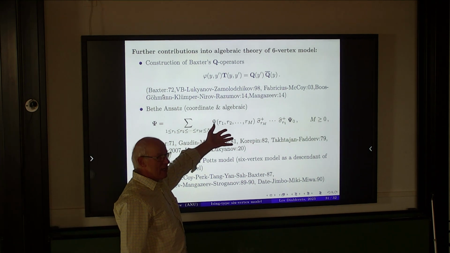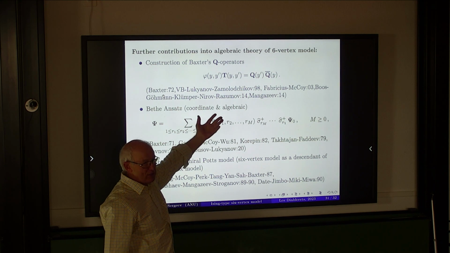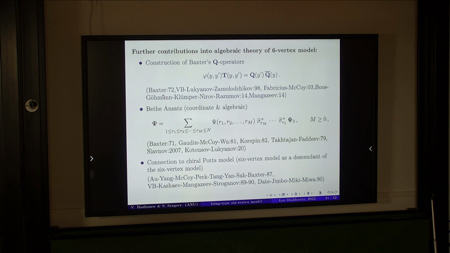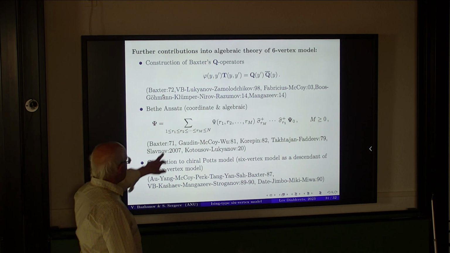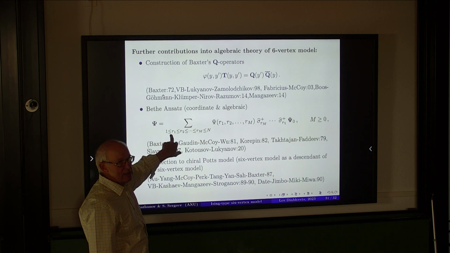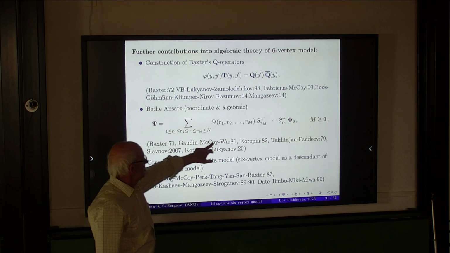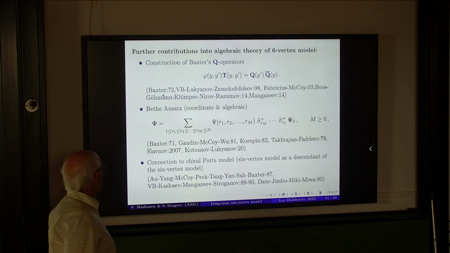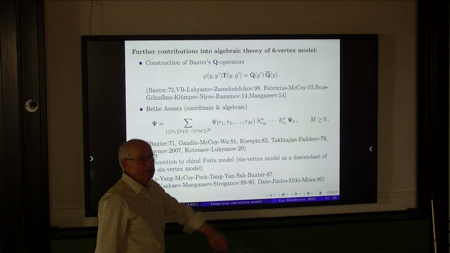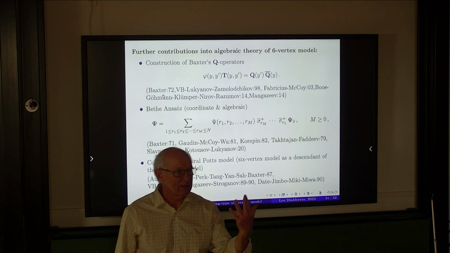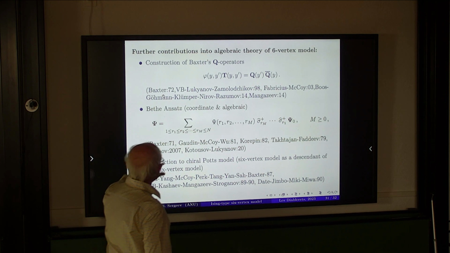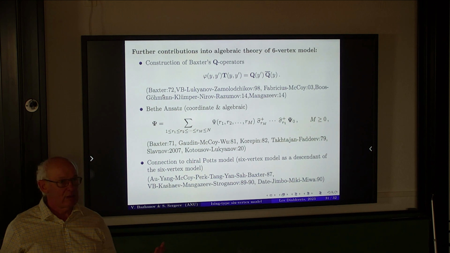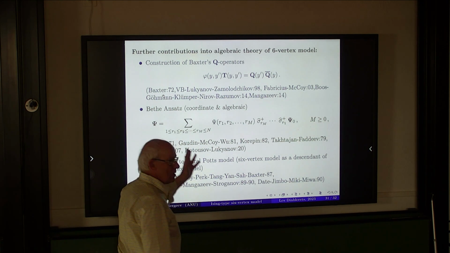The coordinate Bazhanov, for those who know it, is the same formula you had for the six-vertex model, with one exception. In the six-vertex model, these numbers which give the positions of the down arrows cannot coincide because of the spin 1/2 exclusion principle. But for infinite dimensional representations, you can have as many as you like. So otherwise, the expression doesn't change.